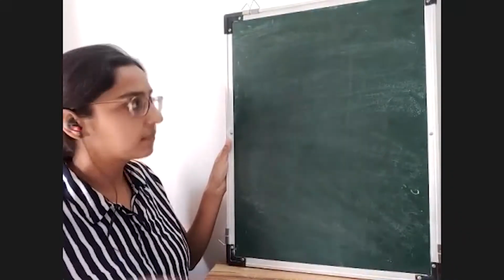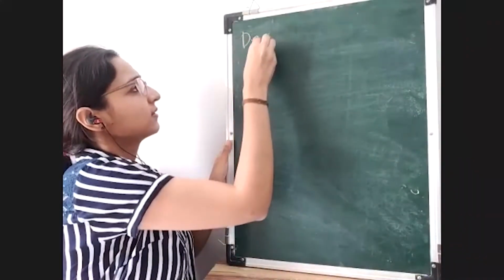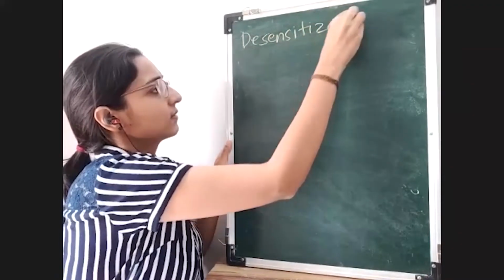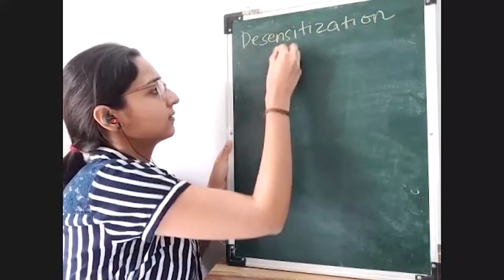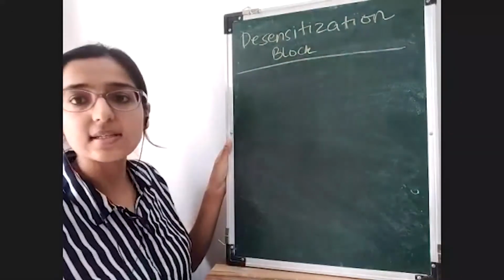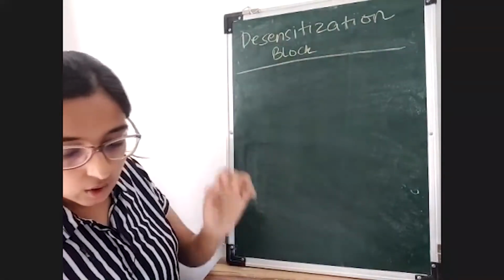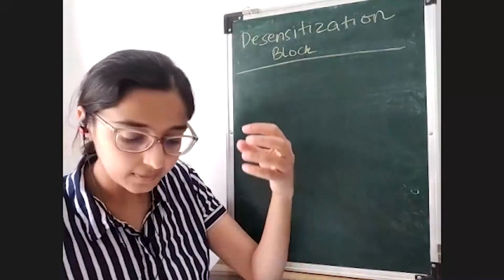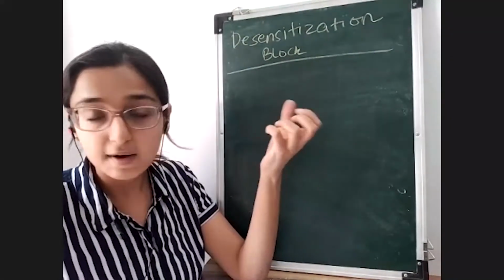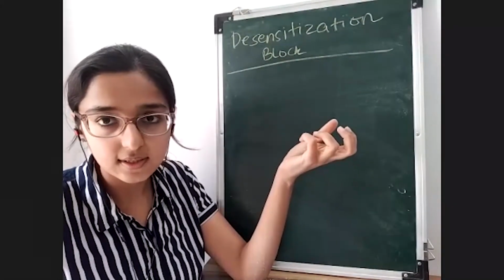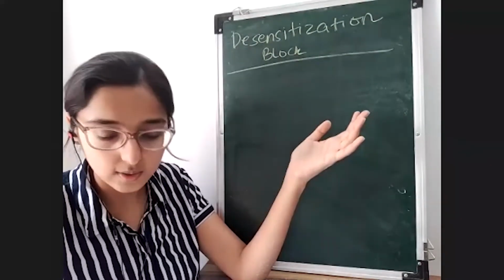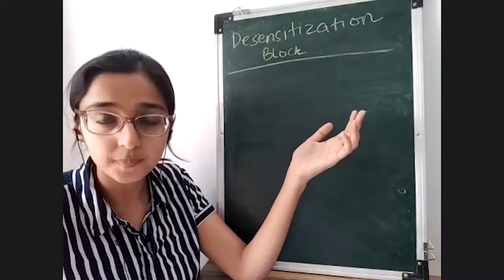So we have something known as the desensitization block. Why does it occur? Normally, an agonist will come and bind to the acetylcholine receptor, a conformational change will happen in the receptor, the channel will open, and ions will flow.